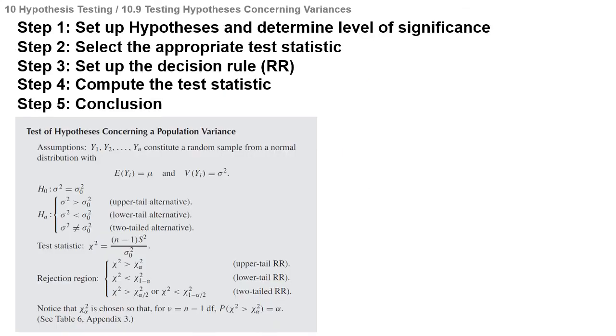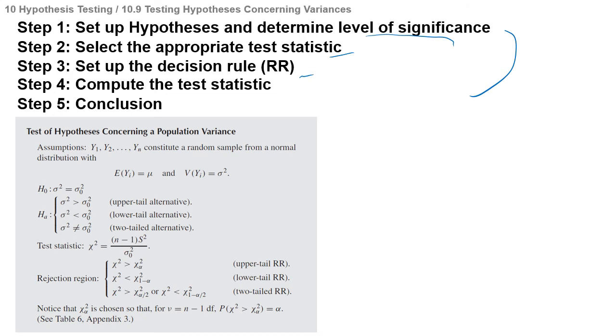Again, you can follow these steps. Step 1 is to set up the hypothesis and determine the level of significance, step 2 is to select the appropriate test statistic, step 3 is to set up the decision rule, step 4 is to compute the test statistic, and step 5 is making the conclusion. This always holds for any hypothesis testing.